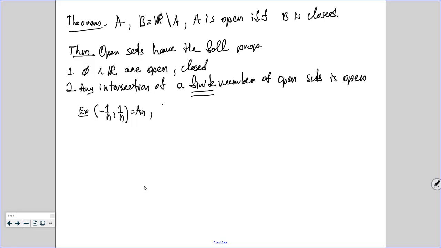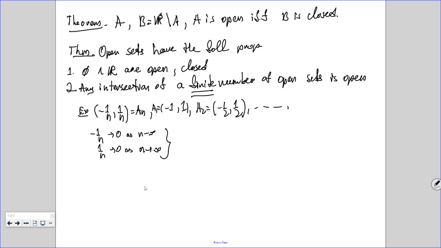Examples of these sets are, let's say, A1 is (-1, 1), A2 is (-1/2, 1/2), and so on. You can see that -1/n goes to 0 as n goes to infinity, and in the same way 1/n goes to 0 as n goes to infinity.